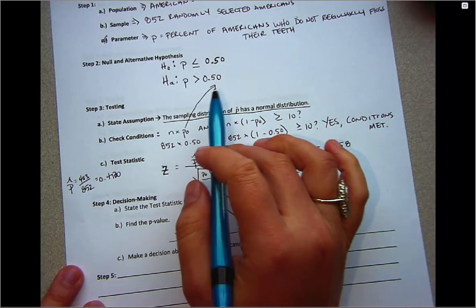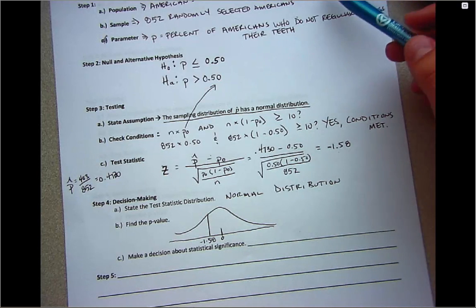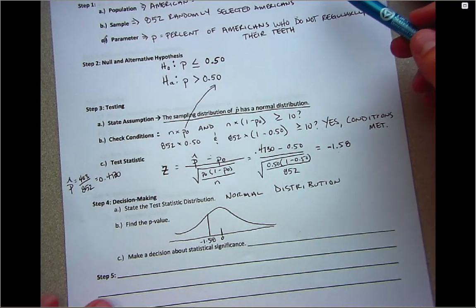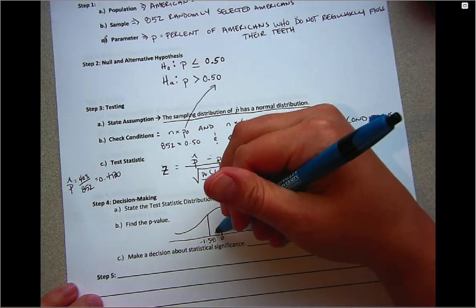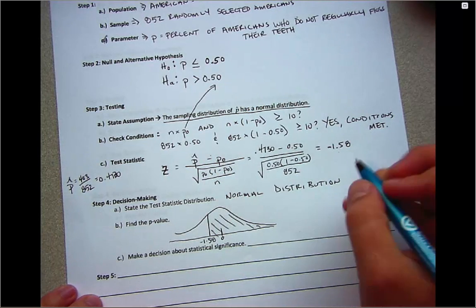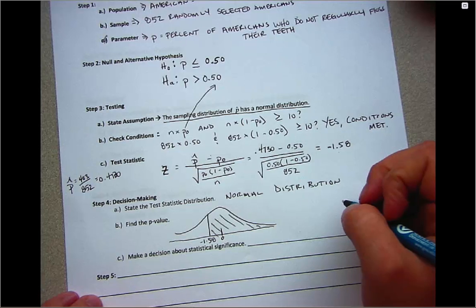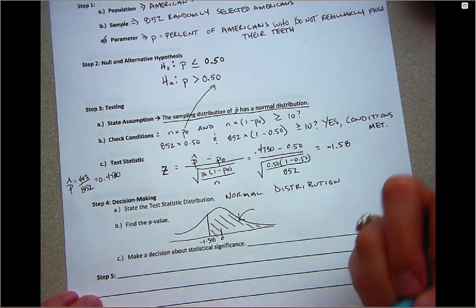And then, because my alternative is more than 50%, I actually am interested in the area above my test statistic. So I need to figure out what this area is.